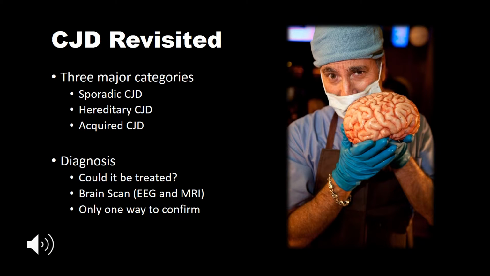I just wanted to talk about CJD one more time before we move on, since this is the one that mostly affects us, even though I'm supposed to be presenting on the DSE. But anyhow, so there are 3 categories of the disease that affects the humans. And the first is going to be sporadic CJD. And this happens for no particular reason.